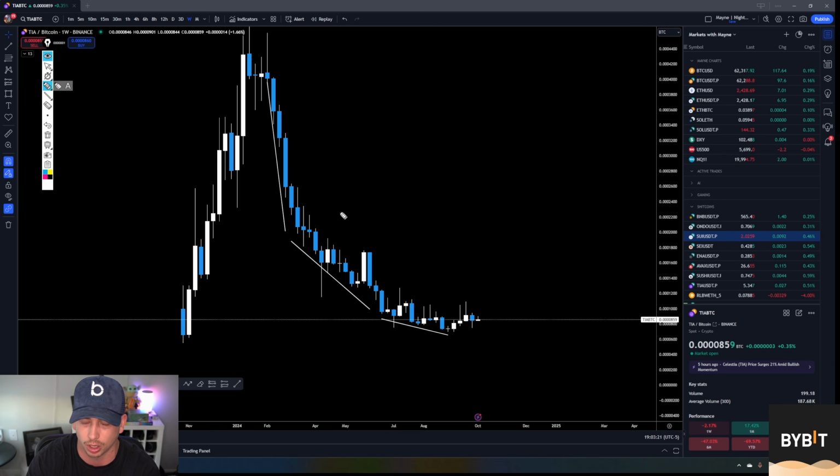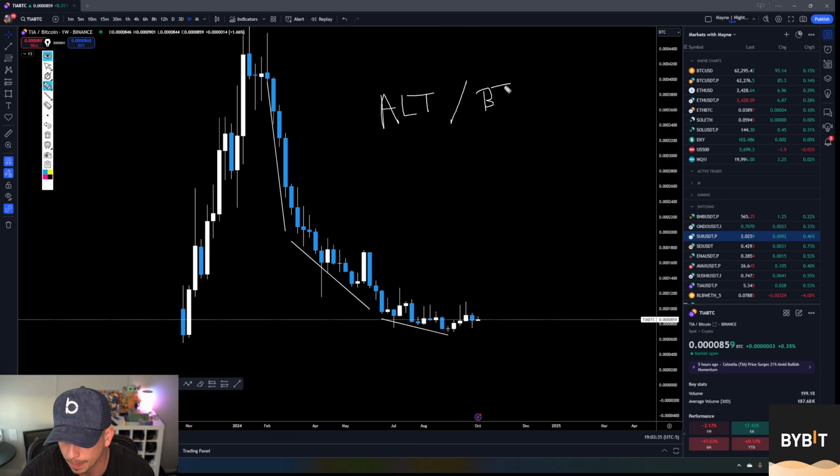Or from Bitcoin to alts, or from Bitcoin to Solana, Bitcoin to Ethereum, and then those pairs to your smaller alts. You want to make sure that whatever altcoin you're looking at, it's outperforming Bitcoin, ETH, Solana at the very least. Because if it's not outperforming these, then you're better off being in these, and these are way less risky.